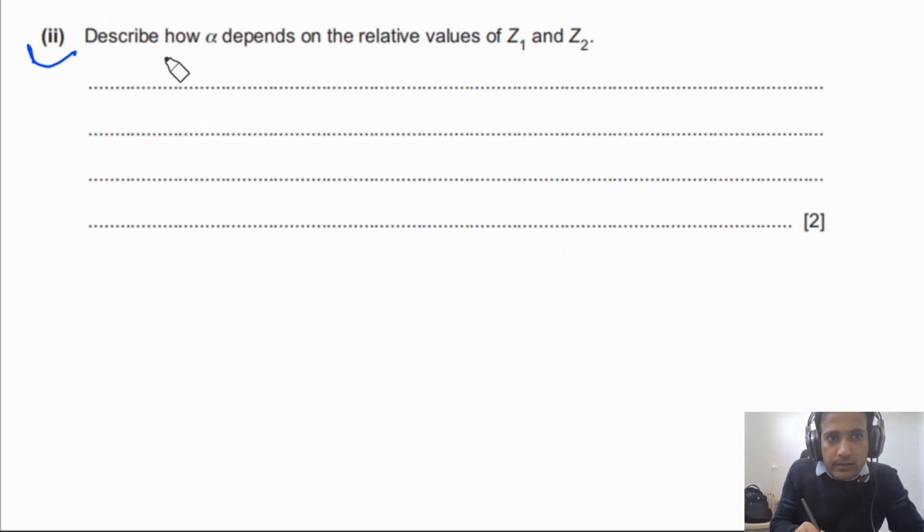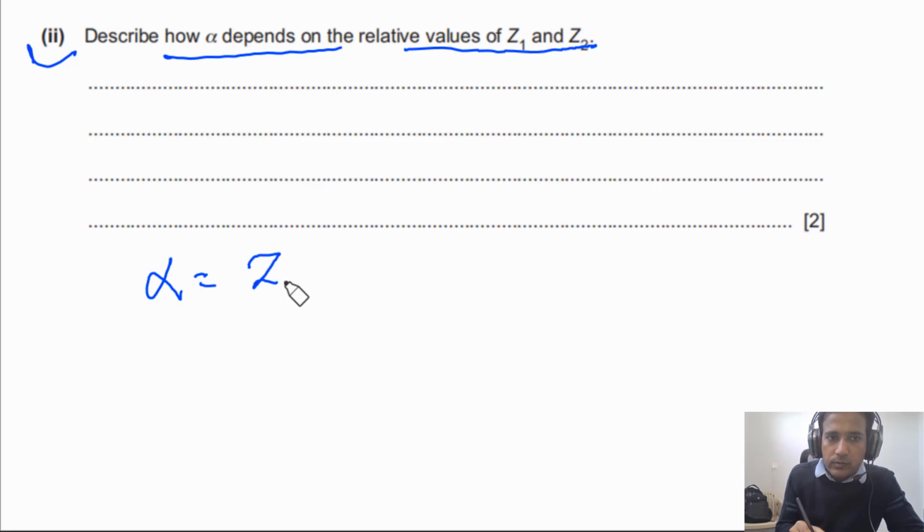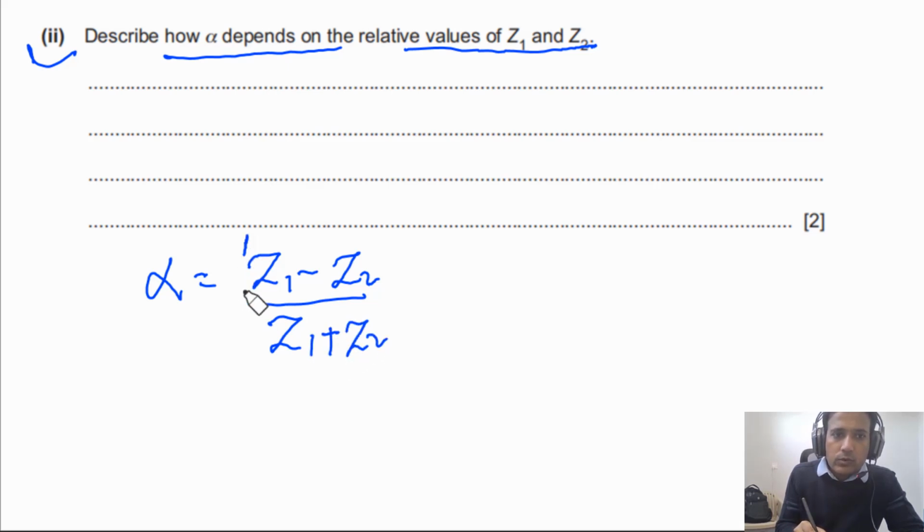The second part says describe how alpha depends on the relative values of Z1 and Z2. First of all, we can simply write alpha is equal to Z1 minus Z2 divided by Z1 plus Z2, all squared.